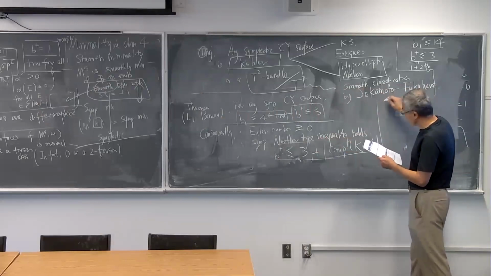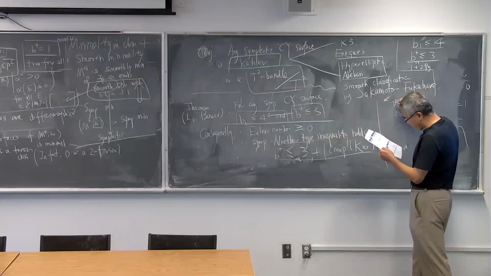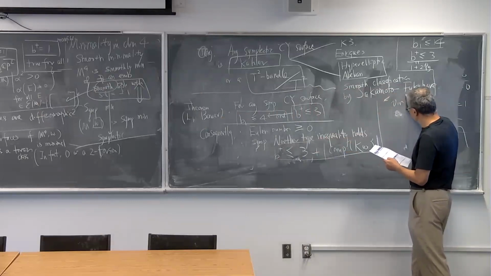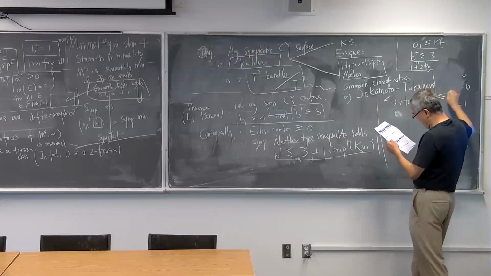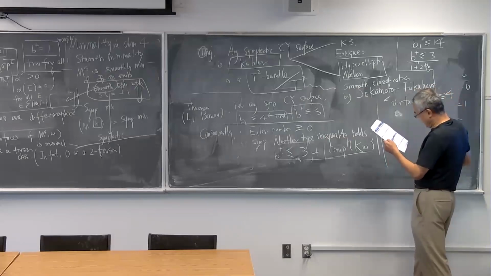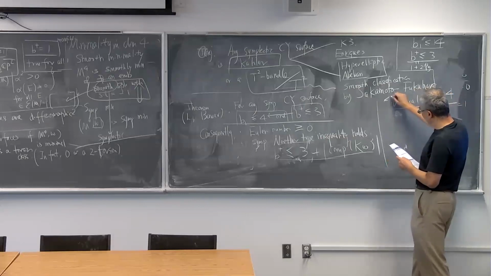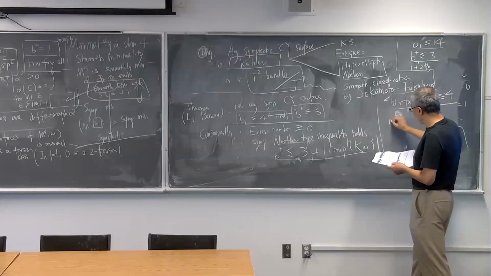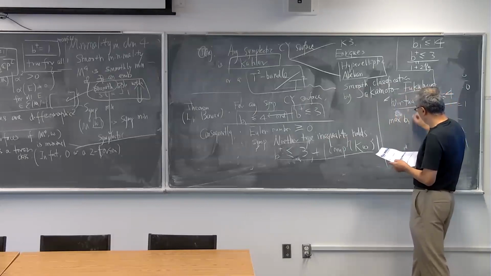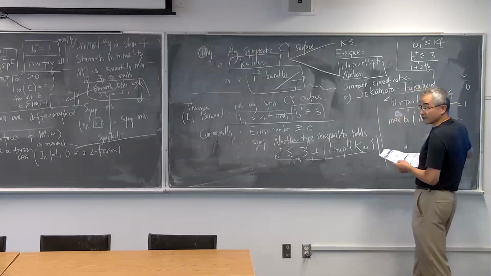Another property is that the virtual first Betti number is also bounded by 4. What's this virtual first Betti number? This is just the maximal Betti number of all finite covers.